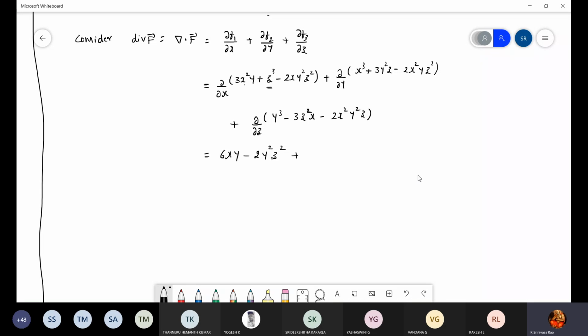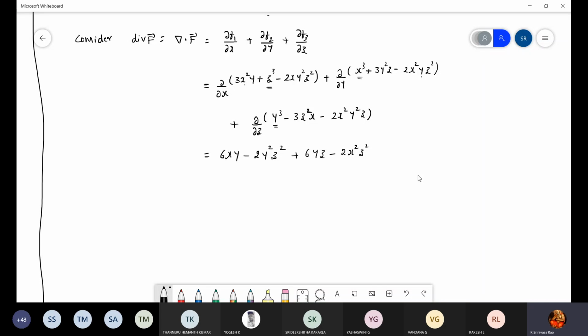Now with respect to y, here x cube is 0, 6yz, minus 2x square z square, y differentiation is 1. Now with respect to z, y cube differentiation is 0.